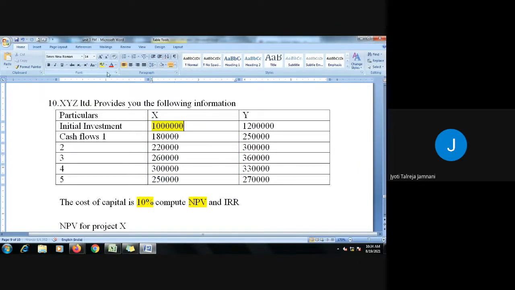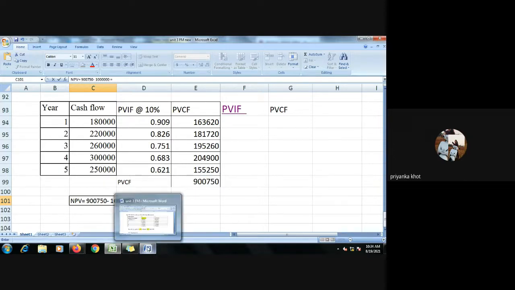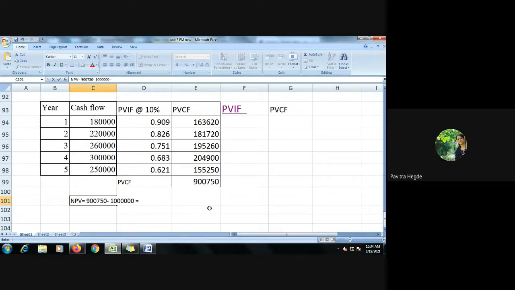So we are going to use this 10 lakh rupees as the initial investment. So minus 10 lakh. We get minus 99,250.